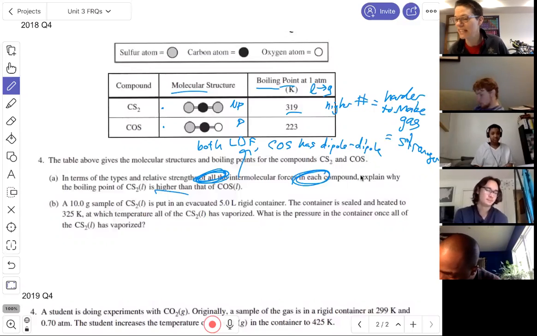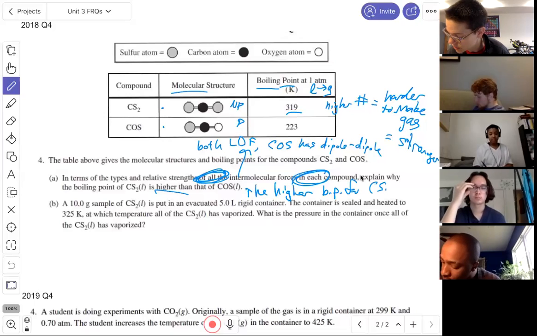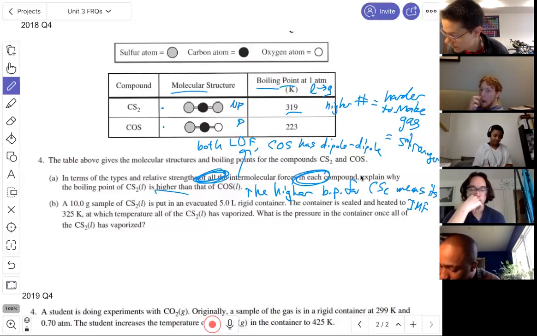I mean, it's basically restating what's over here on the right. So the higher boiling point for CS2 means its IMFs are stronger.